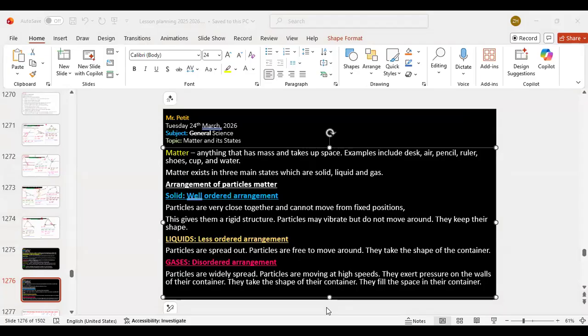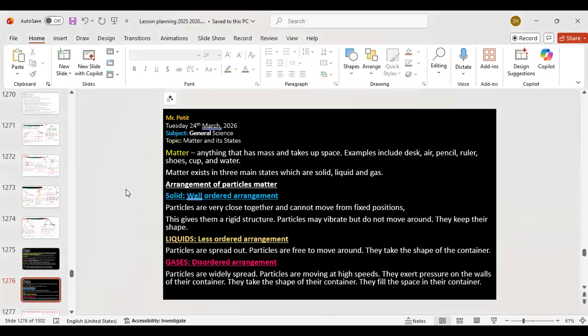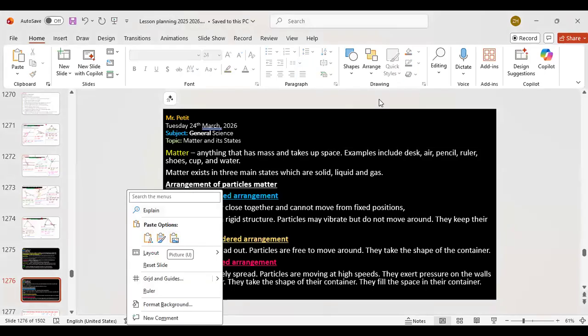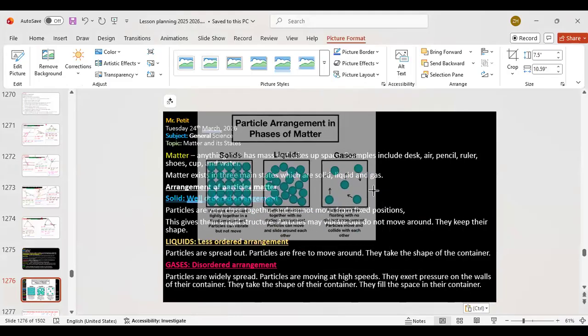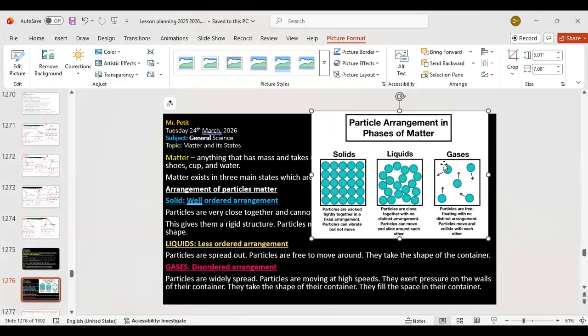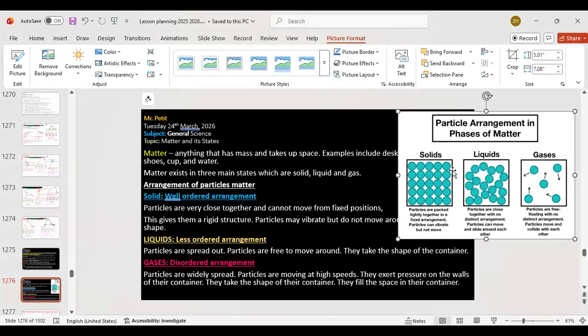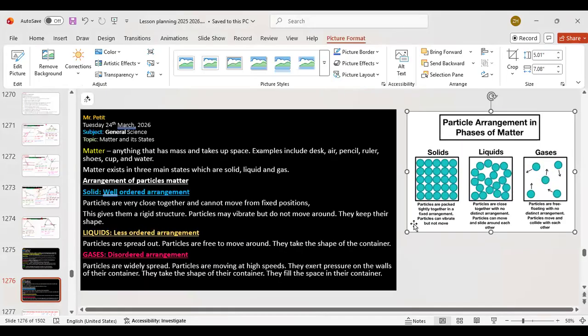So this is basically a good picture that shows you the arrangement of these things. Let's examine this. Let me make this smaller and put it on this side so y'all could still see the notes. If you look at this, the solids, as you can see, they're tightly packed.